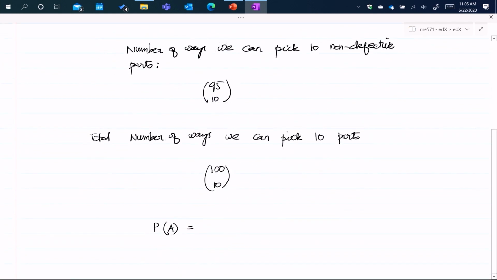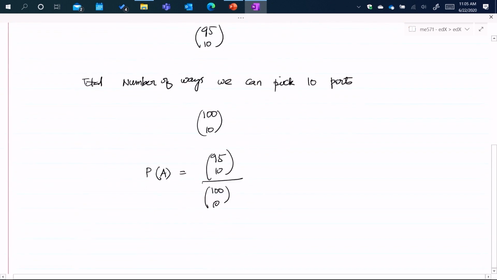is the number of ways in which you can pick 10 non-defective parts divided by the total number of ways in which we can pick 10 parts, by using the first definition of probability that we had. So this is pure enumeration.